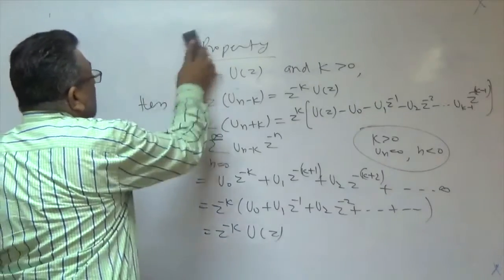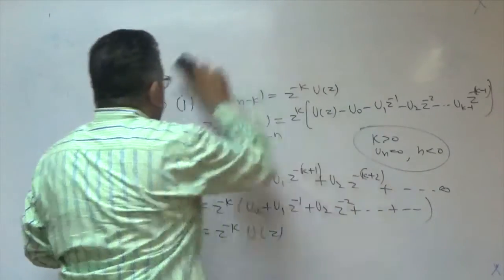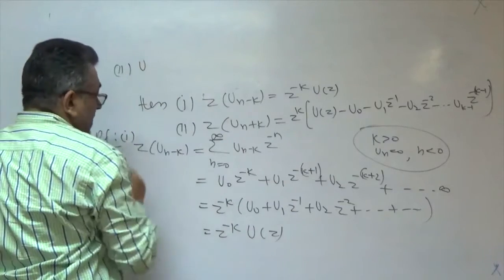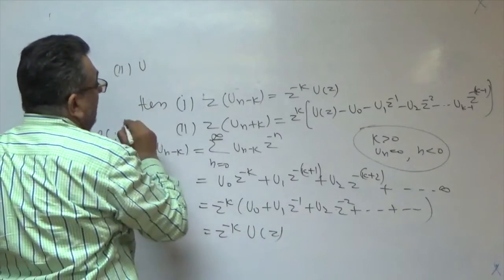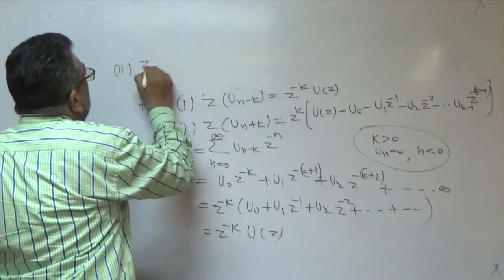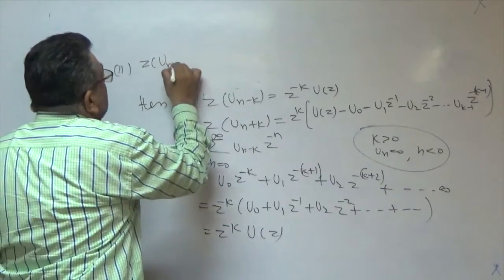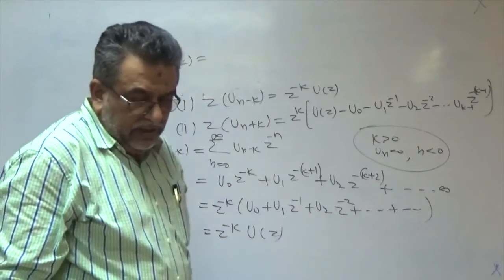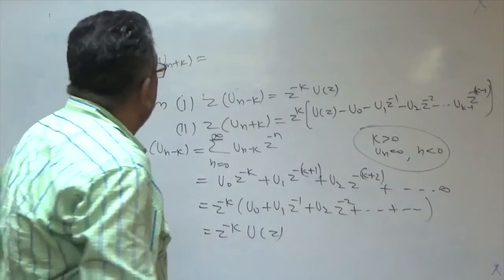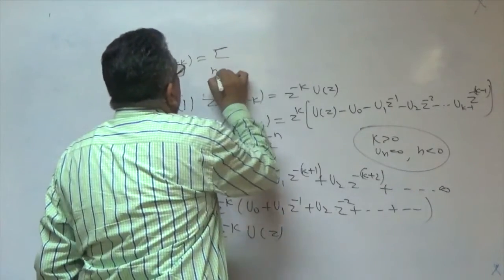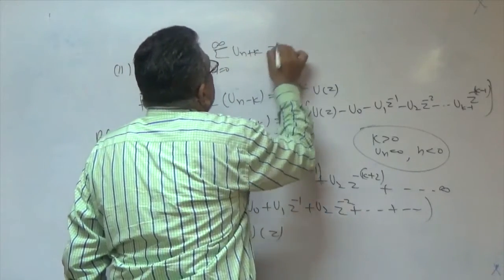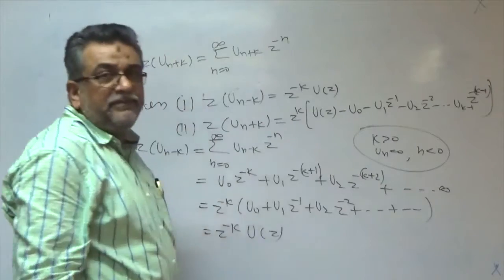Now, similarly, what is the proof of the second shifting property? If we take the Z transform of u of n plus k, then what is the definition? By definition, it is the sum from n equal to 0 to infinity of u of n plus k times z to the power minus n.